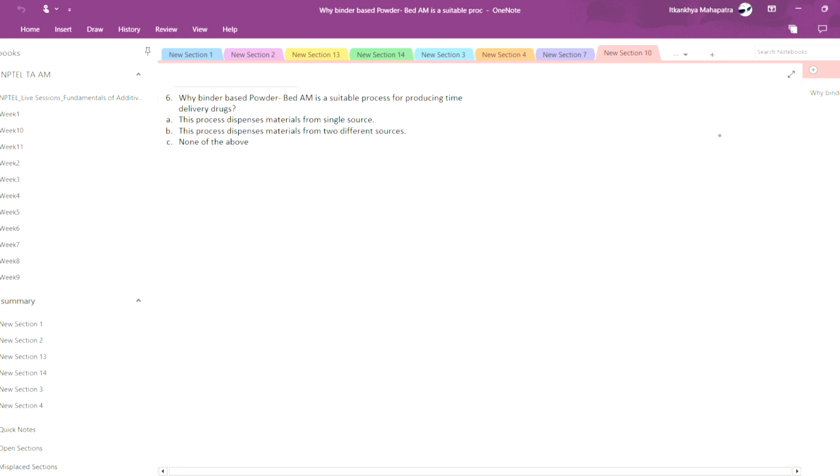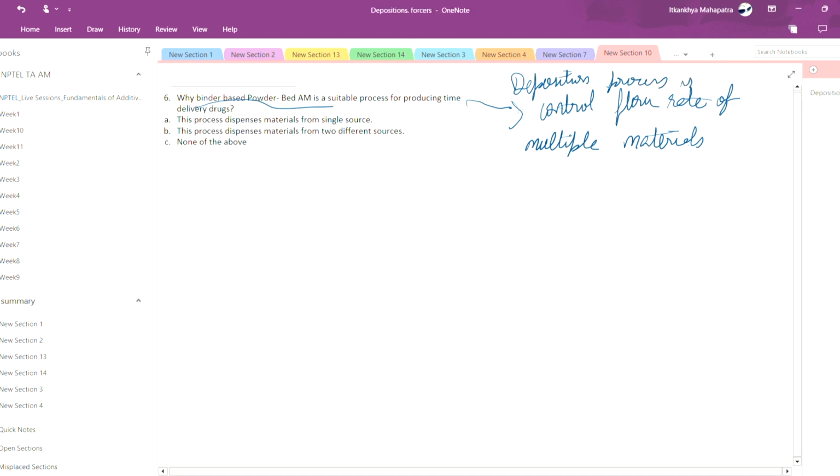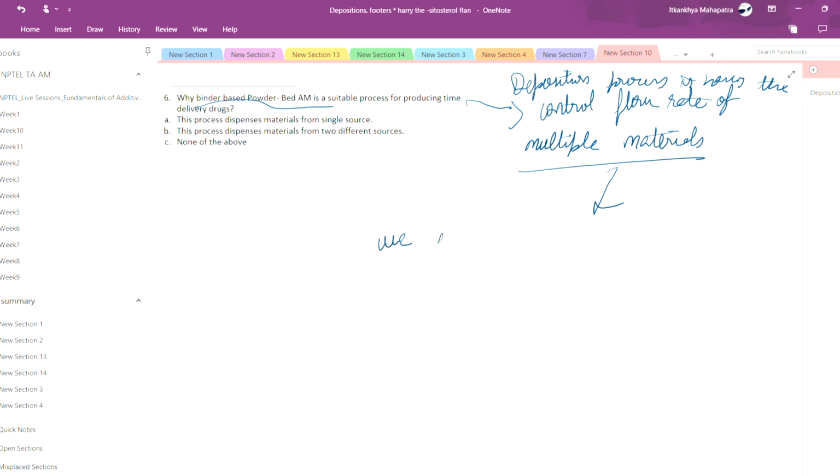Because we can control the flow rate of different multiple materials, we can use different sources for dispensing materials. So it is used in pharmaceutical areas.